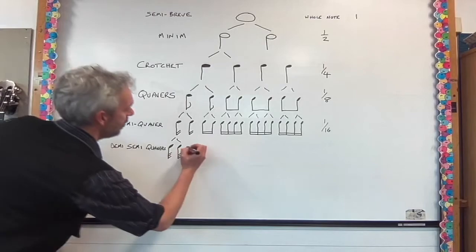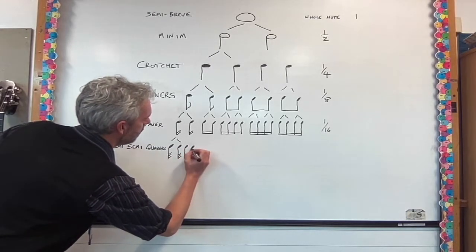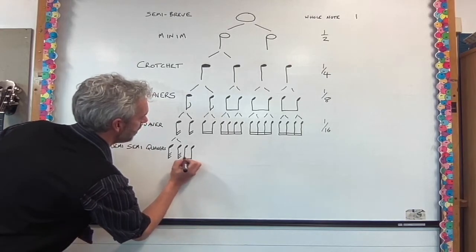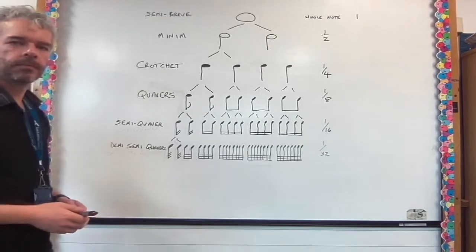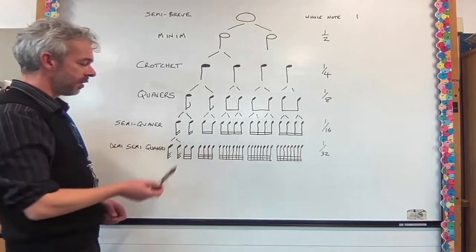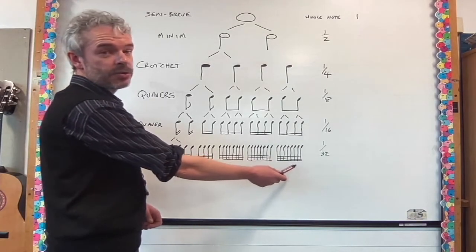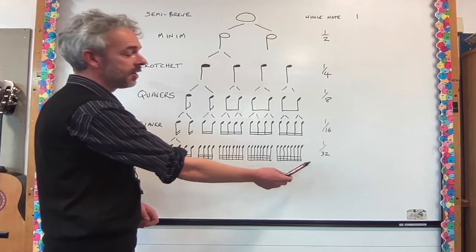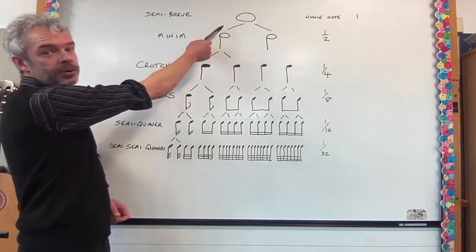And again, we can join their tails together, this time using 3 beams to represent 3 tails. So dividing each of the 16 semiquavers into demi-semiquavers, we end up with 32 demi-semiquavers. So it takes 32 demi-semiquavers to make up one whole note.